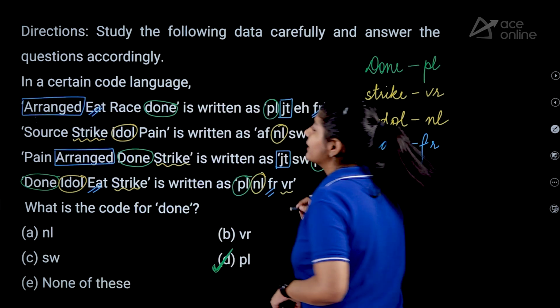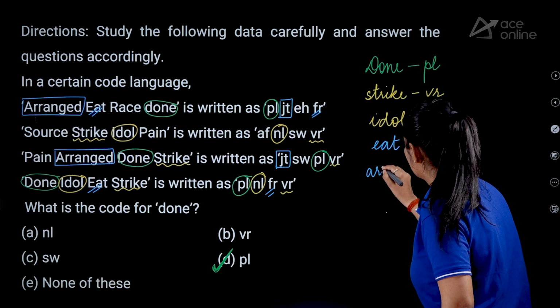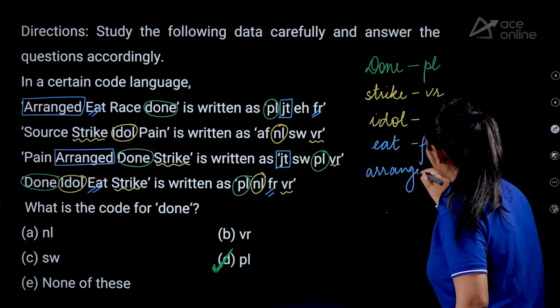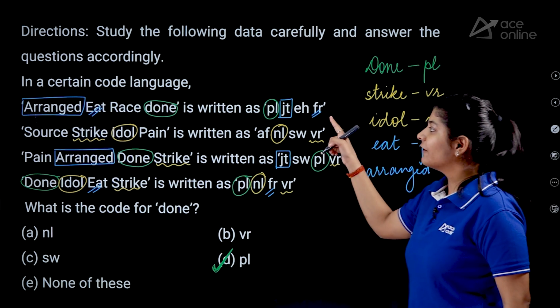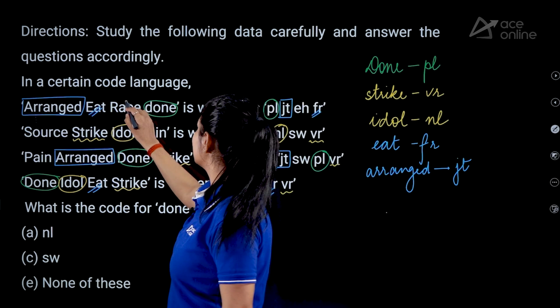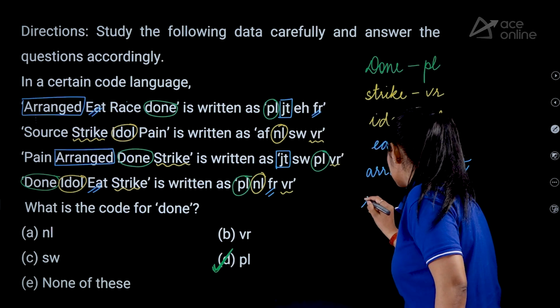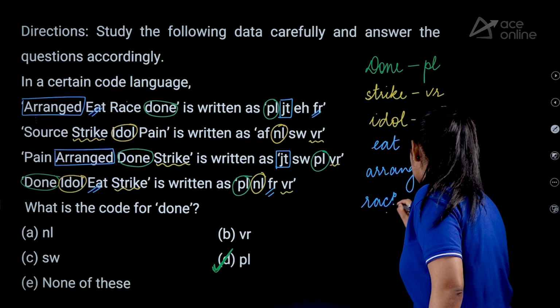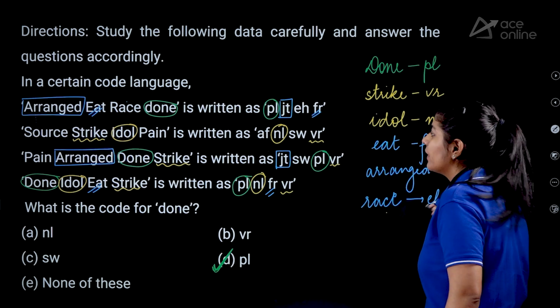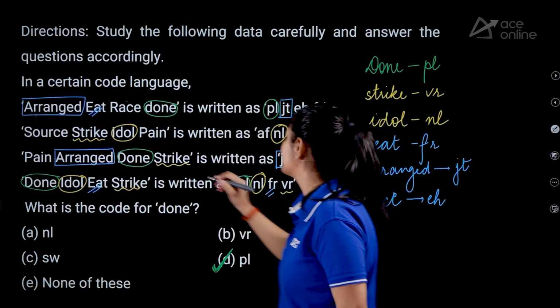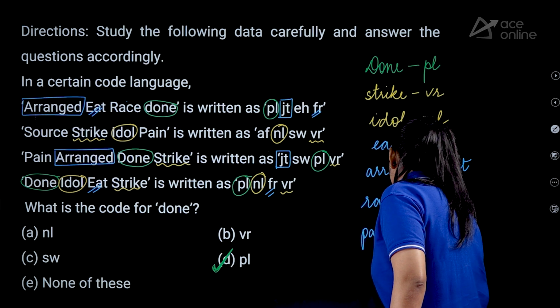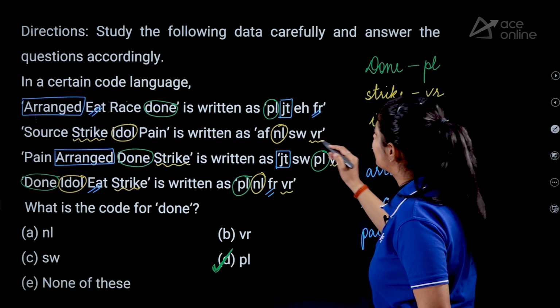So we can say this arranged word is coded as JT. In the very first line, we are left with race, and race is coded as EH. Now, after that, here we are left with just pain.